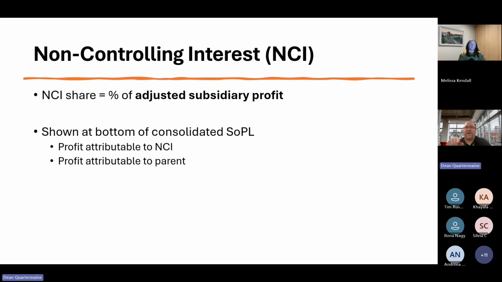But yes, the point you're making is correct. And then shown right at the bottom of your consolidated statement of profit or loss, you are going to show what profits are attributable to the non-controlling interest and what's attributable to the parent. And that should add up to profit in year for the group.